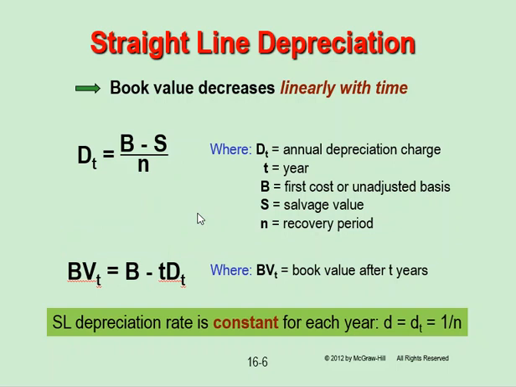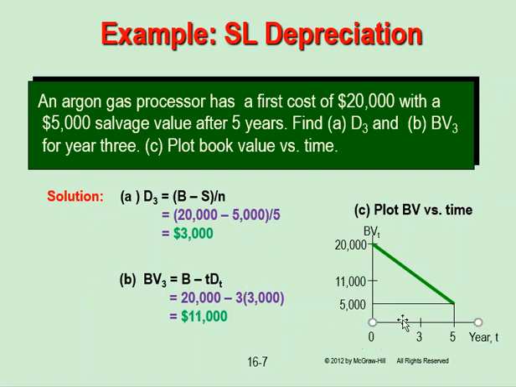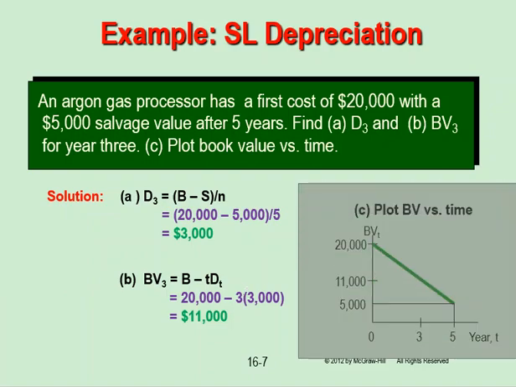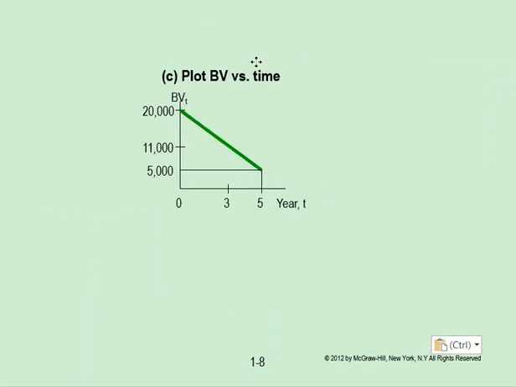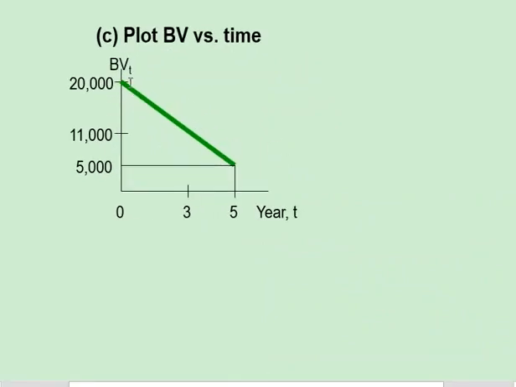So let's say this is a straight line depreciation. What's a straight line depreciation? It is constant. Why is it constant? If I take a look at this picture here, this would help us a lot. I zoom in so we don't have to keep going back and forth. This here, guys, is a constant.